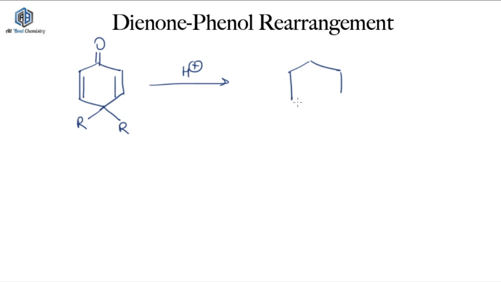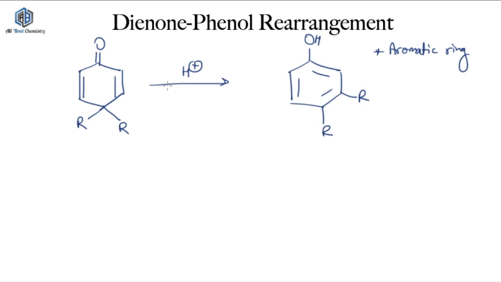In the presence of acid, this will get converted into a benzene ring, a phenol ring basically, and the rearrangement of these two groups will take place. This is the Dienone-Phenol rearrangement. The driving force for this reaction is the formation of the aromatic ring.